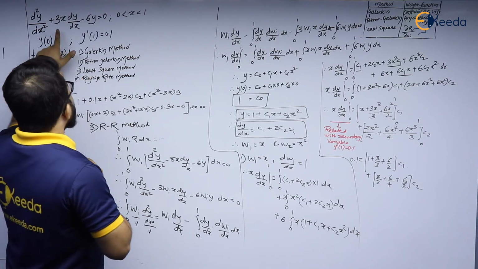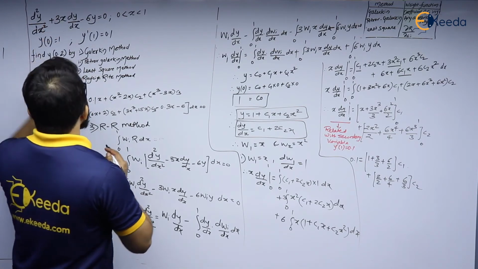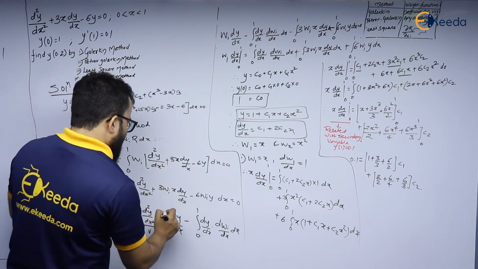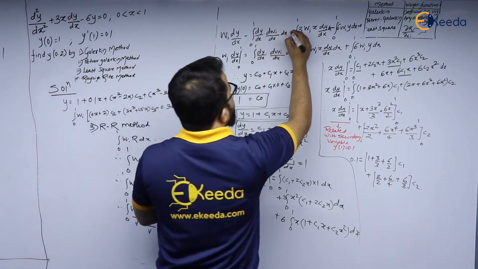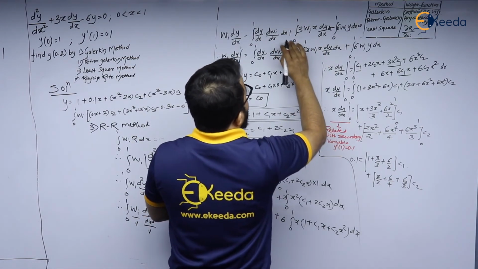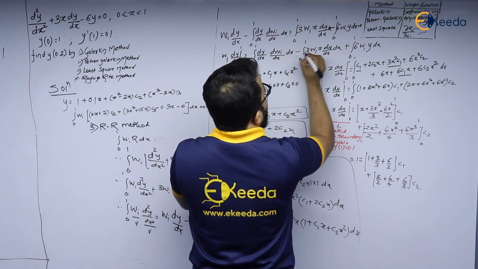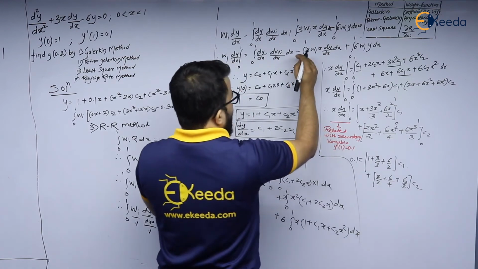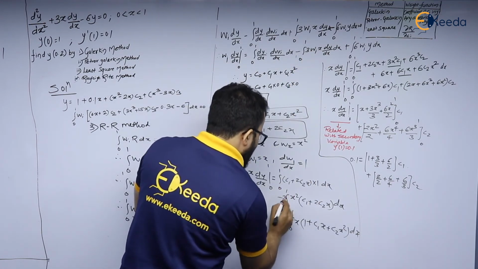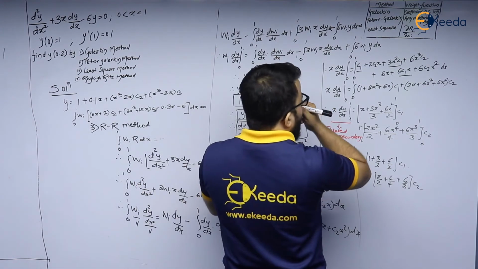So if I'm saying that this is d square by dx square plus 3x, this will be plus, this is also plus, and if I'm putting this equation on the RHS side, this becomes minus and this is plus.